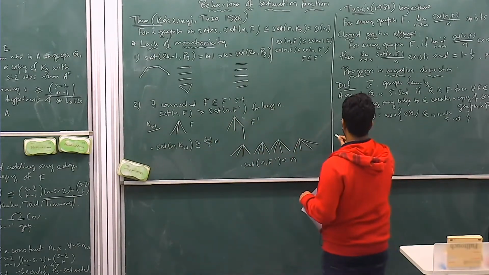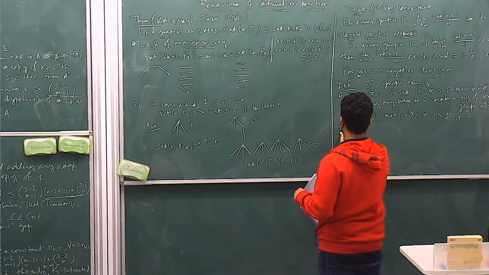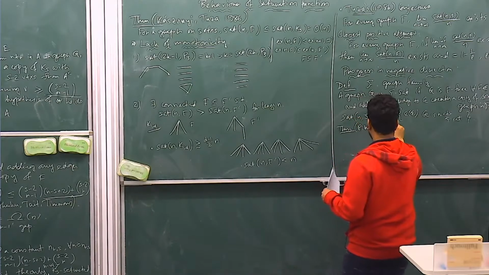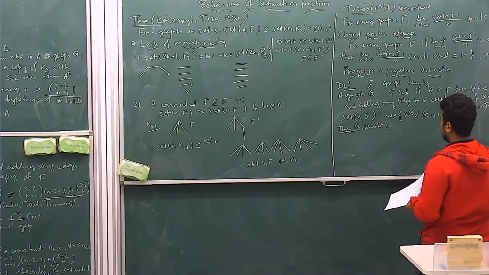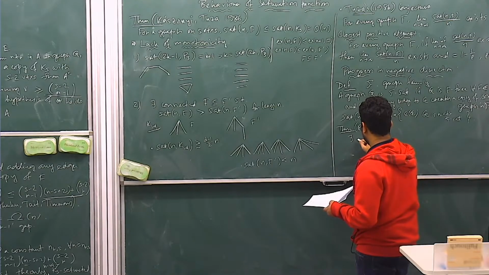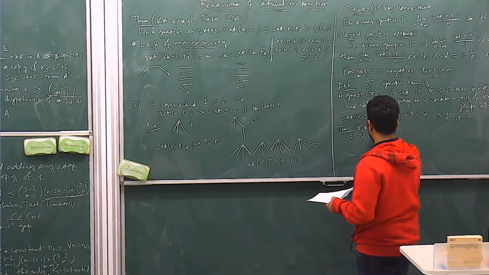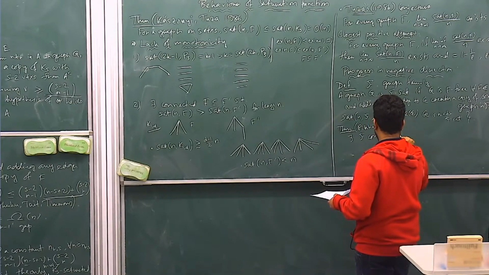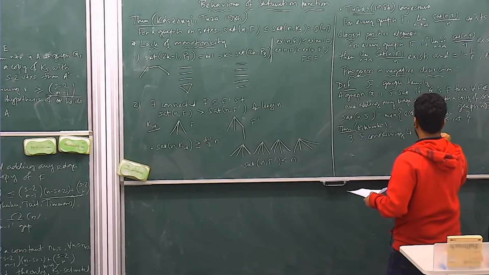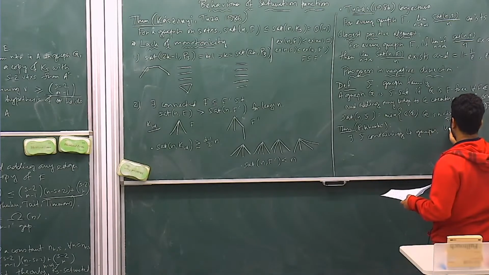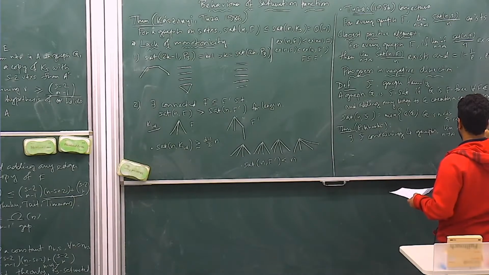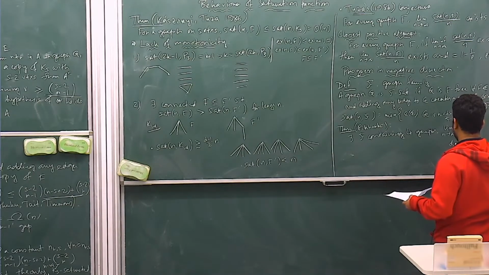So what Pikhurko showed is the following. There exists a graph family containing 4 graphs such that this limit as n tends to infinity of sat(n, F) divided by n does not exist.